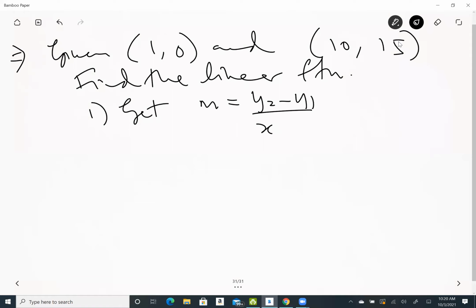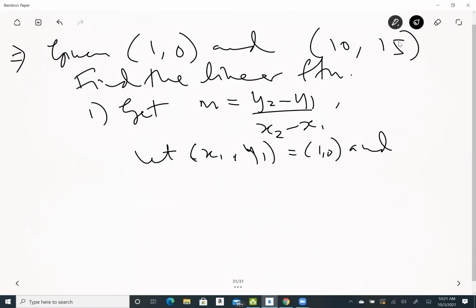You will get the slope by using the 2 points, x2 minus x1, using the formula. So we let one point, x1, y1, be equal to 1, 0. And then the other point will be x2, y2 equal to 10, 15.